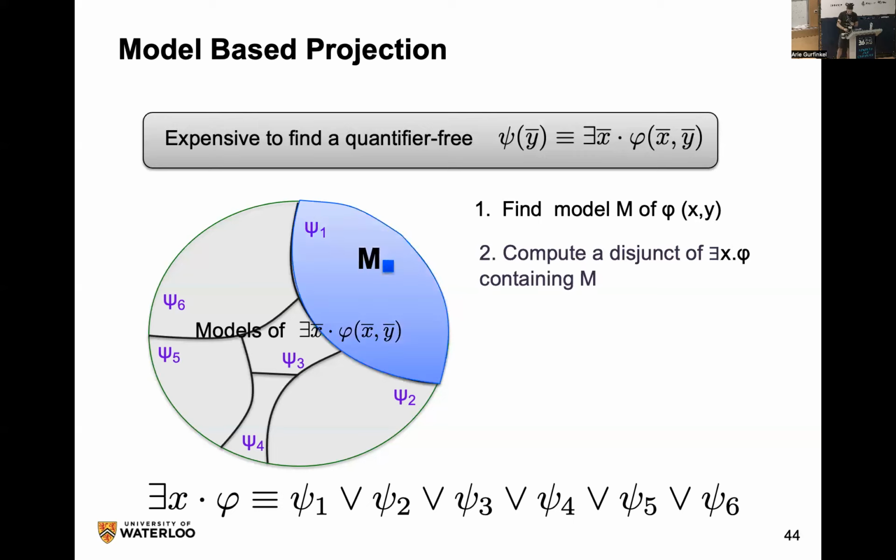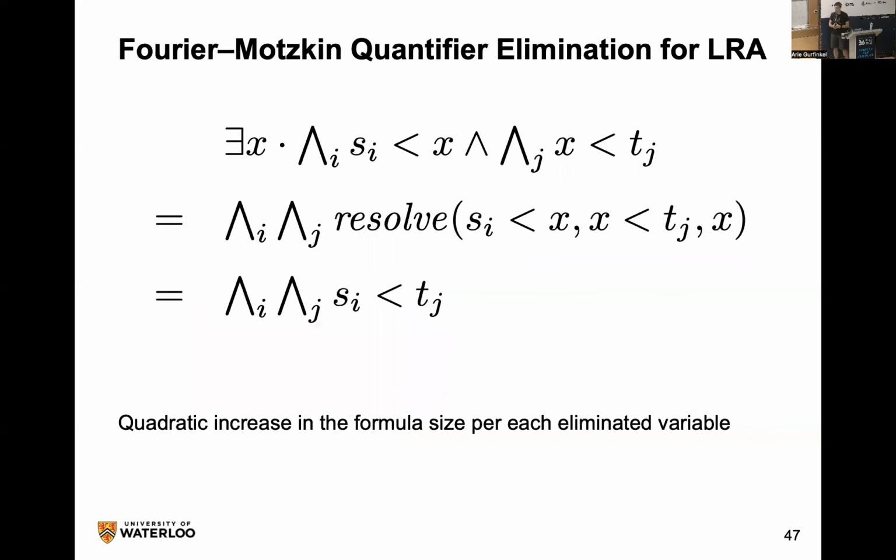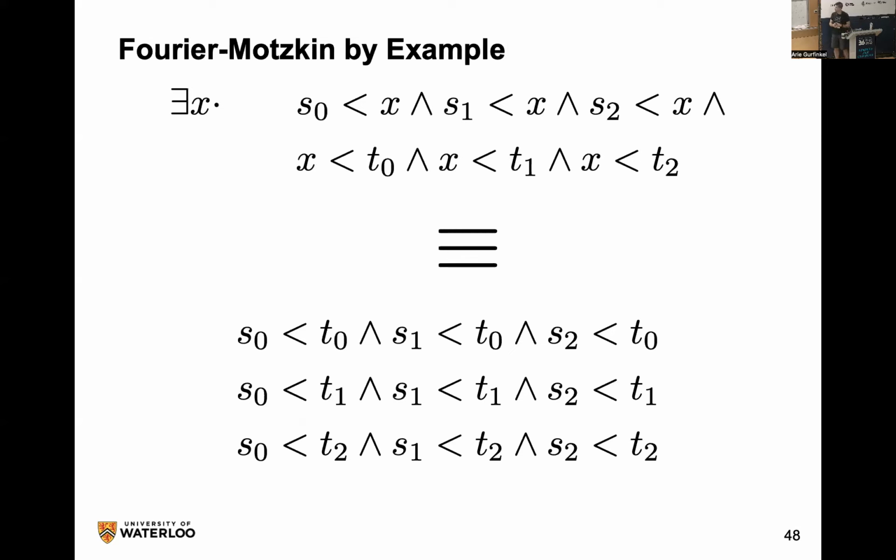Now, this is really cool. So I want to go a little bit deeper into it and just really show you how this is implemented. So we start with something like Fourier-Motzkin. This is a procedure for quantifier elimination for arithmetic. Something is written here, but let's just do a more precise, simpler example. Any formula we can rewrite as a bunch of lower bounds.